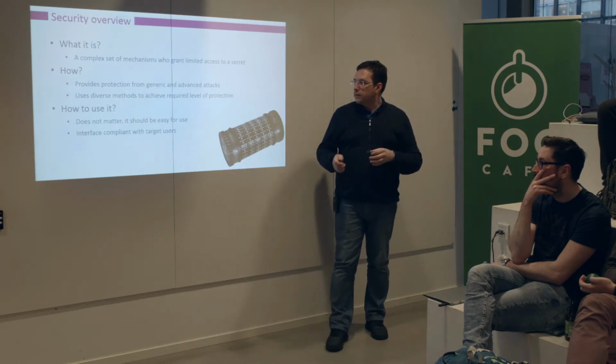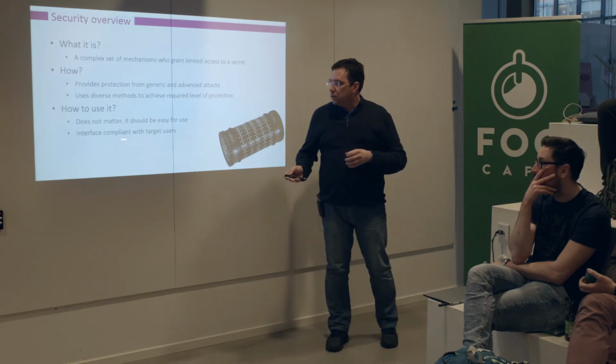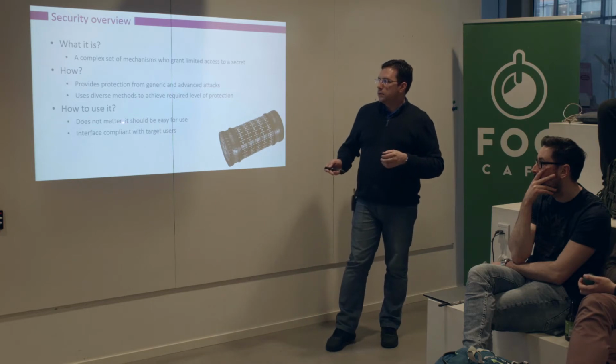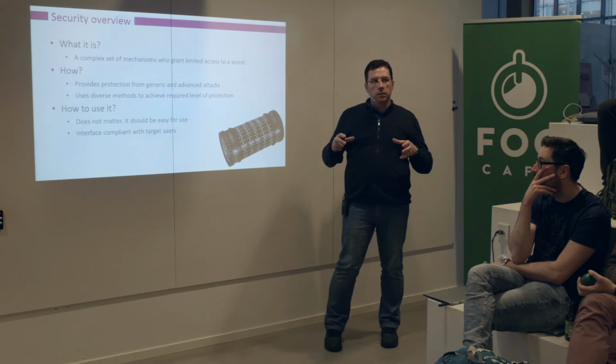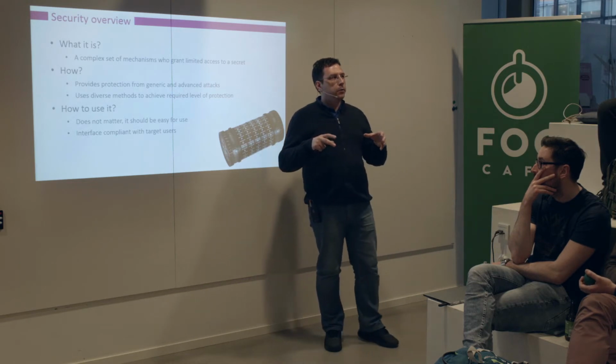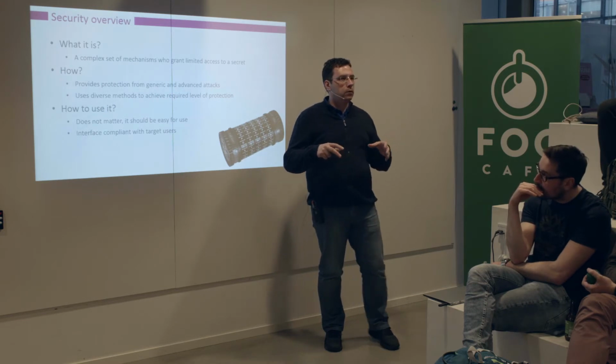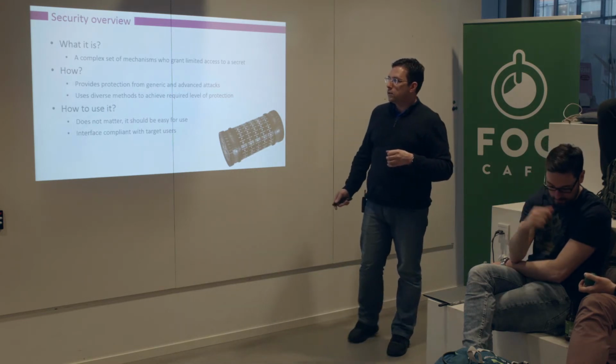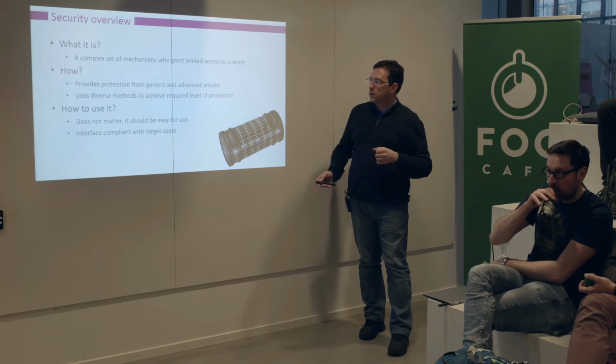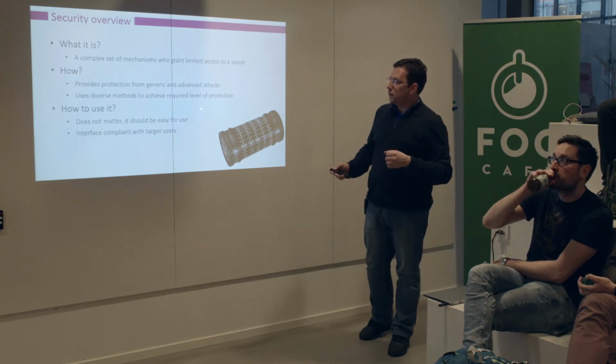methods of attack. How to use it? So how to use the security does not matter. It has to be very easy to be used, because if the security mechanisms are quite complex, then people will start to misuse it or will not use the complex security mechanisms at all. I will speak a little bit later on about it, and we will get more details about what I think about this.